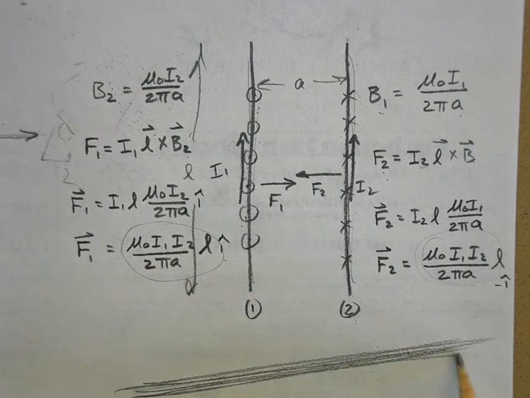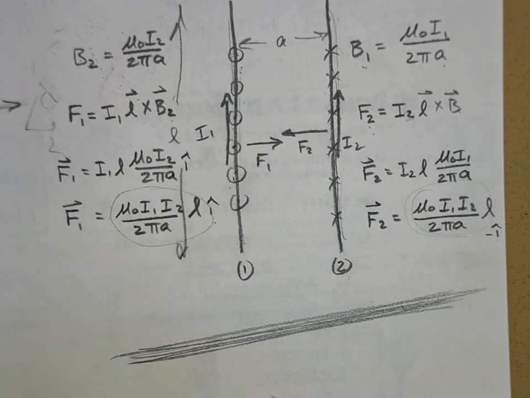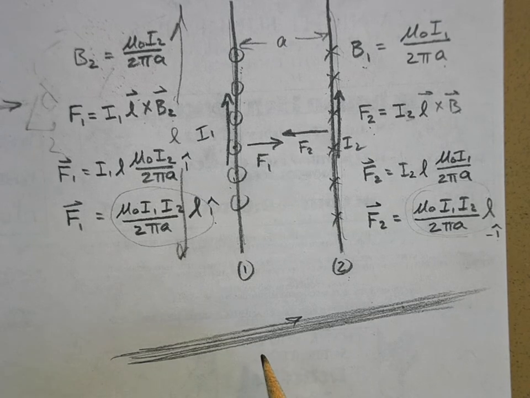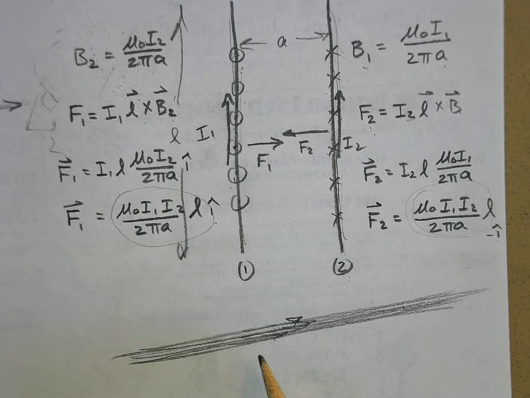These individual wires each have current in them. They each create their own magnetic field, and they actually attract each other. So these currents that are all parallel to each other actually hold each other together when there's current flowing through them. Now that's a good thing.